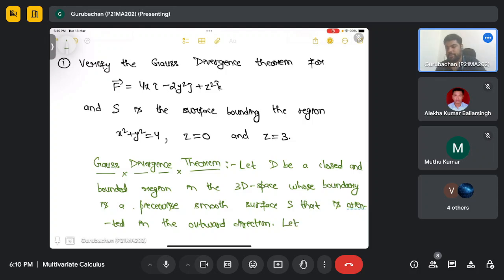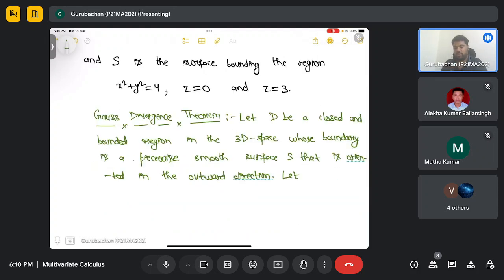So we have given D, a closed and bounded region in 3D, whose boundary is a piecewise smooth surface S that is oriented in the outward direction.